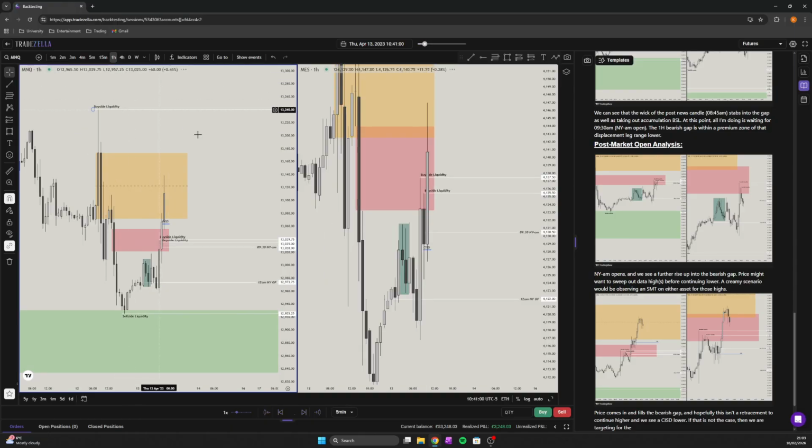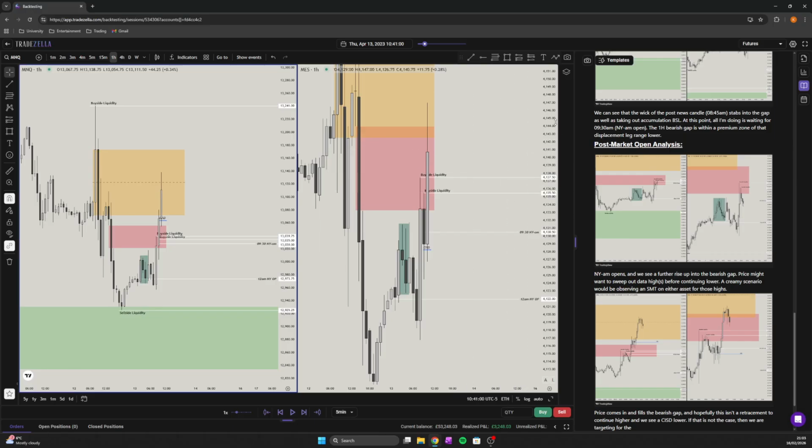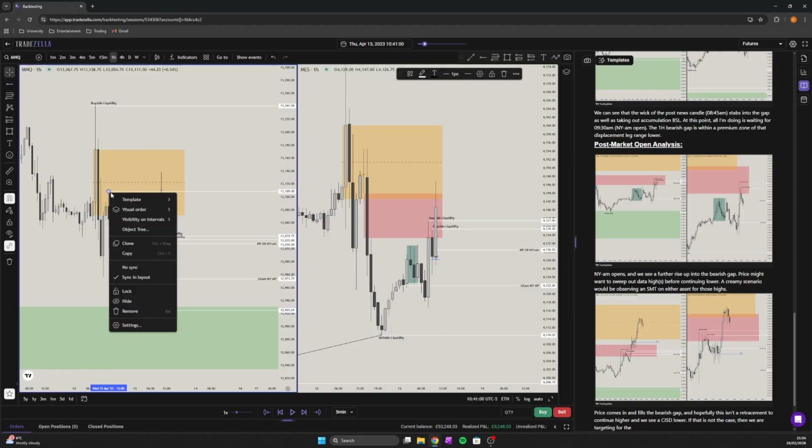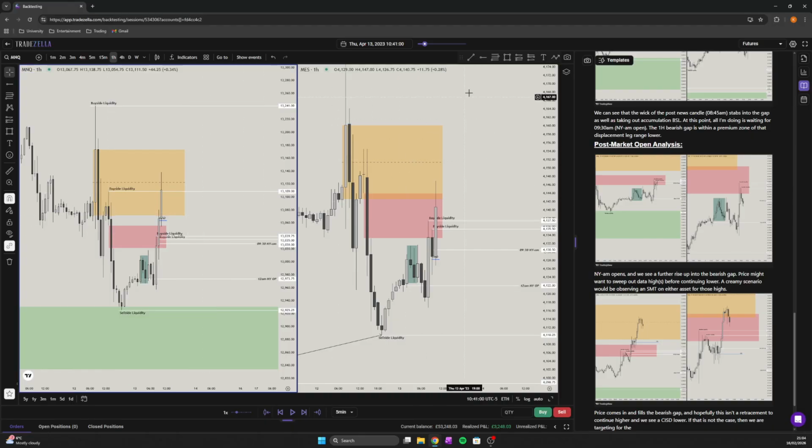That's too extreme. Realistically, I don't see price moving any higher than maybe this high. We take out that, actually it's not really a high, is it? This is Wednesday the 12th at 2 p.m. Okay, so we actually have an SMT. We have price liquidity here.